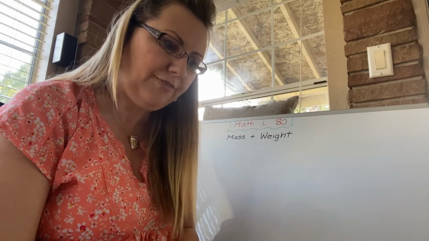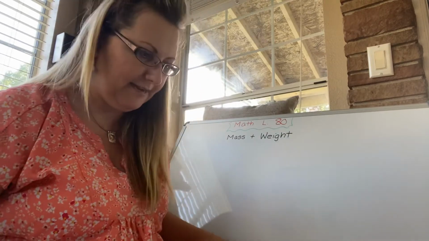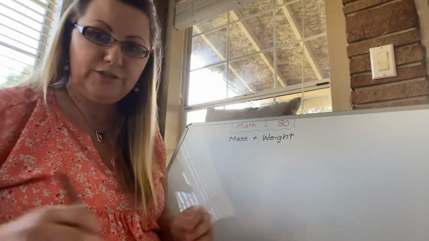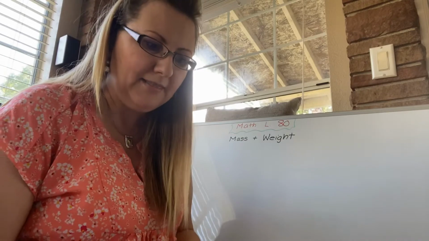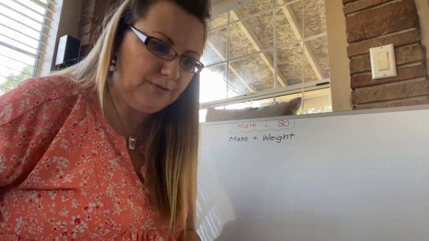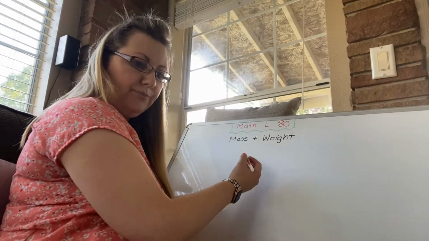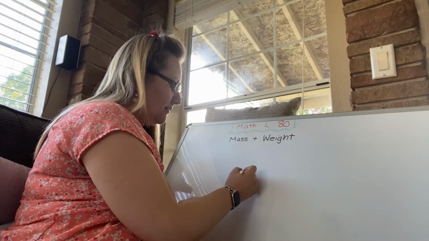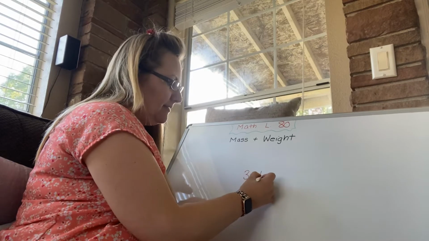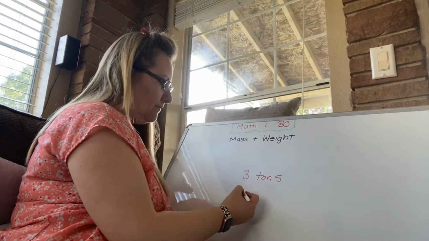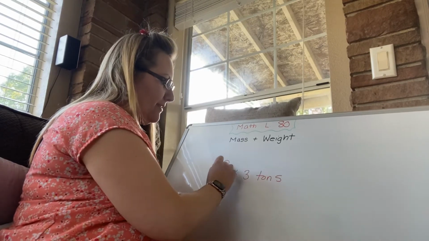So if 2,000 pounds equals 1 ton, and we're talking about 3 tons, it would make sense to say 3 tons times 2,000 pounds.